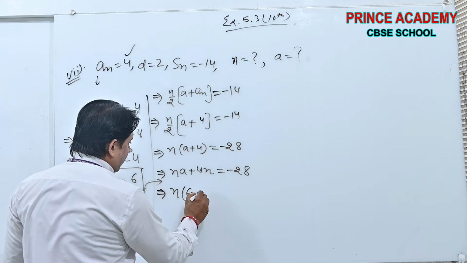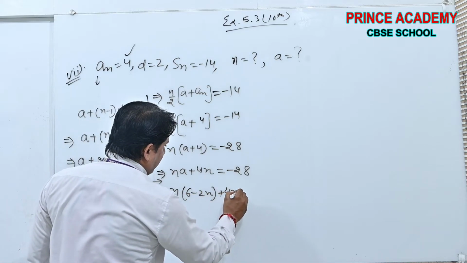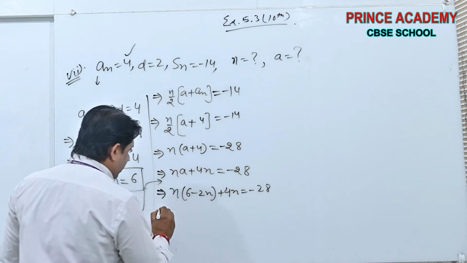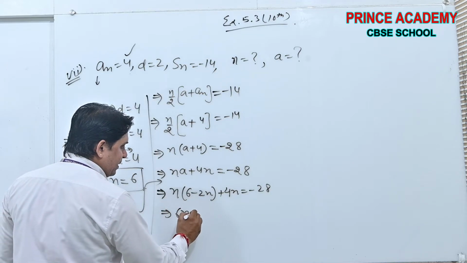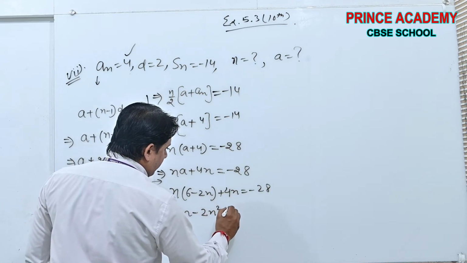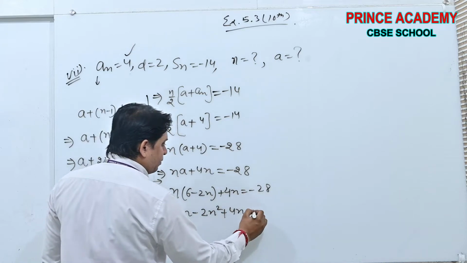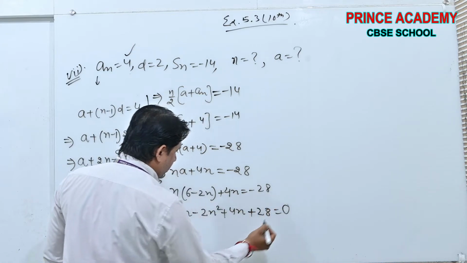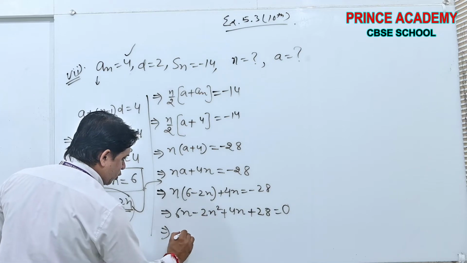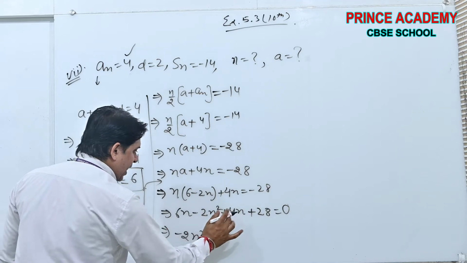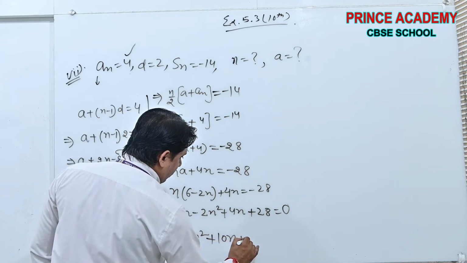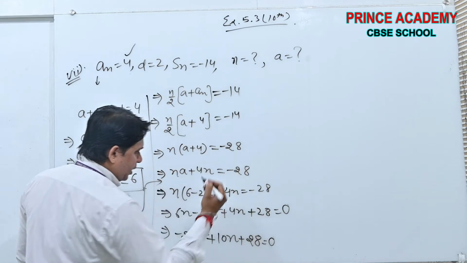n into 6 minus 2n plus 4n is minus 28. Now see, beta, multiply: 6n minus 2n square plus 4n. Shift like this, plus 28 is 0. Now see, beta, minus 2n square, 6 plus 4, 10n plus 28 is equal to 0.